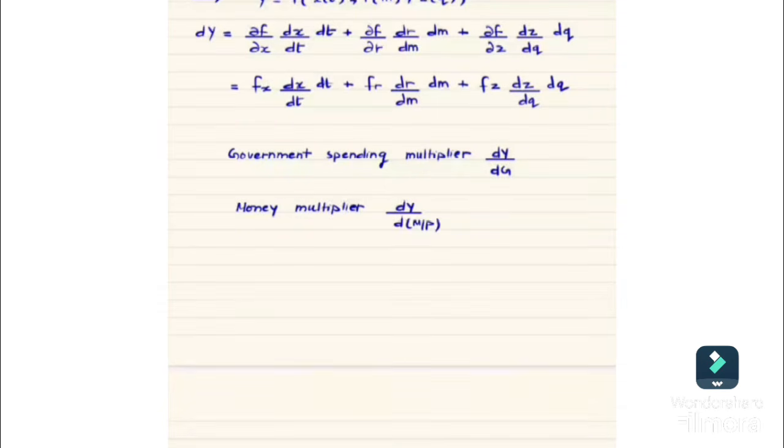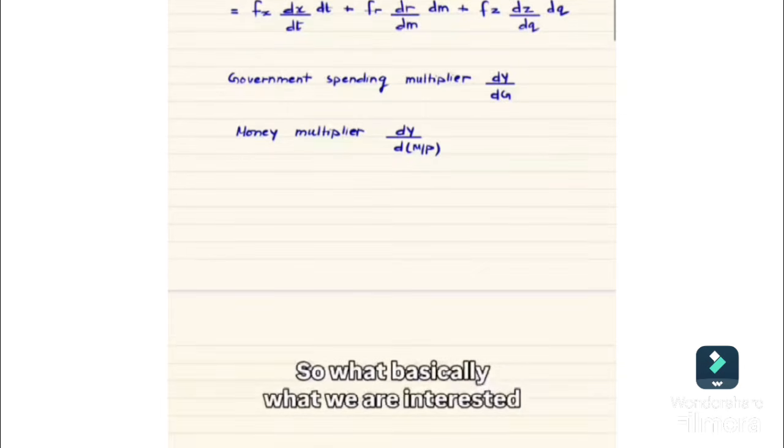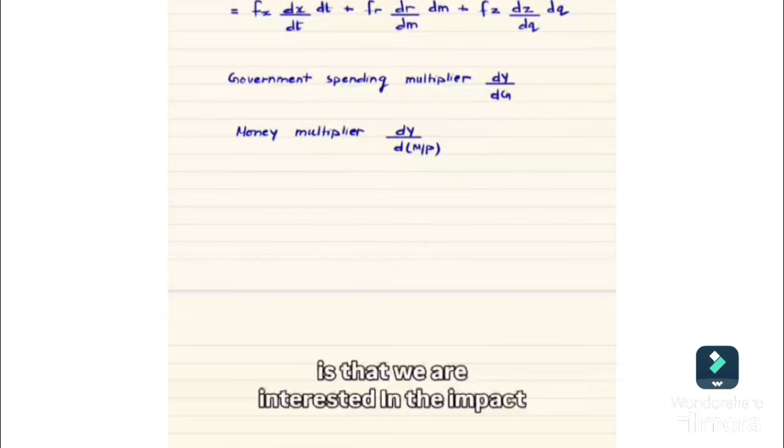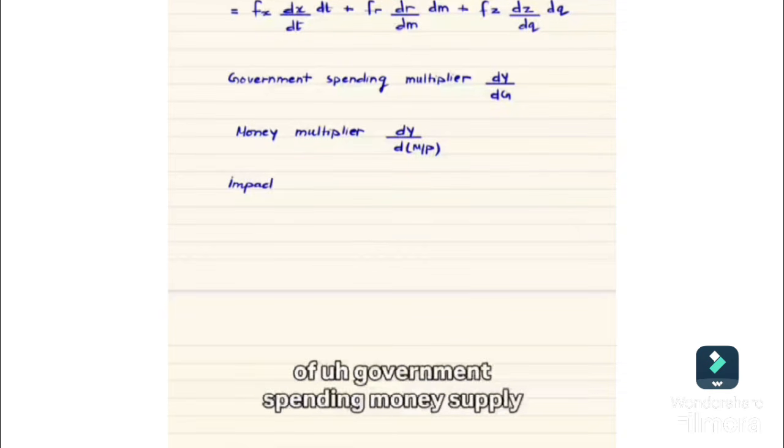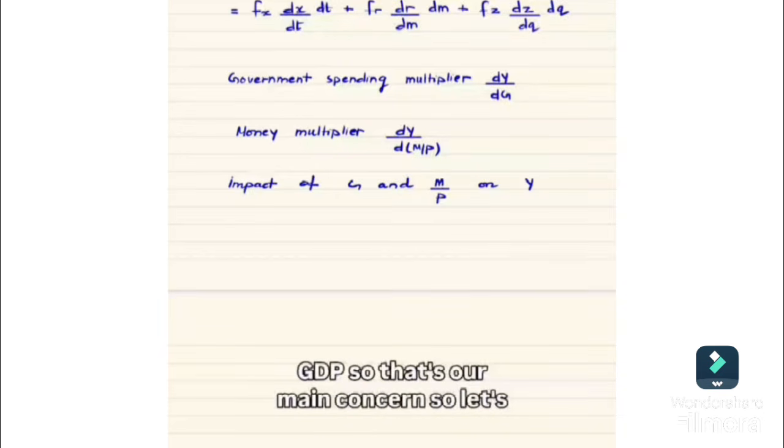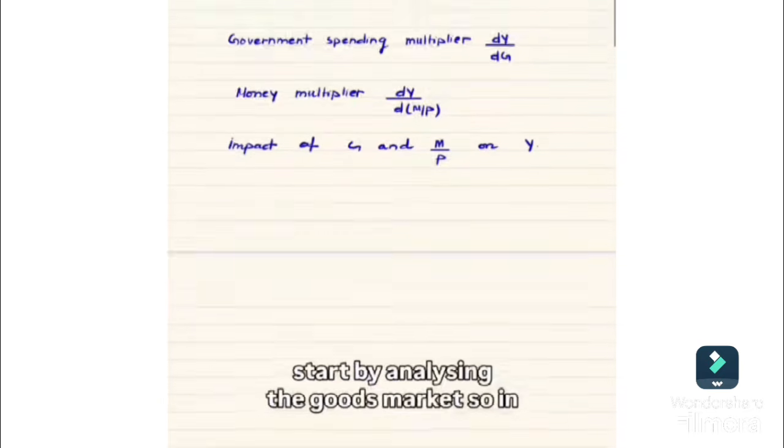So what we're interested in is the impact of government spending and money supply on GDP. That's our main concern. So let's start by analyzing the goods market.